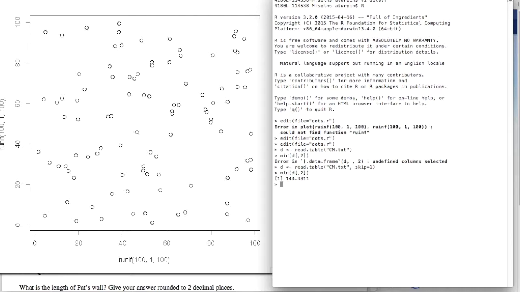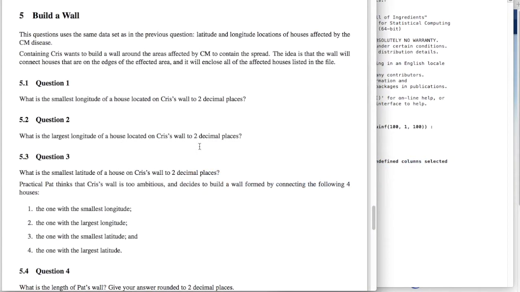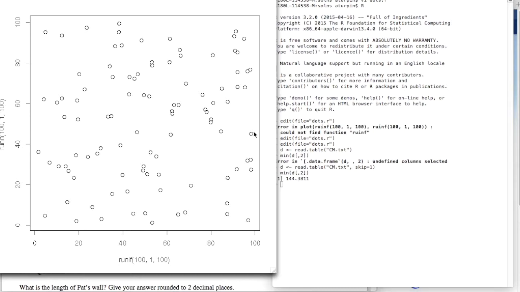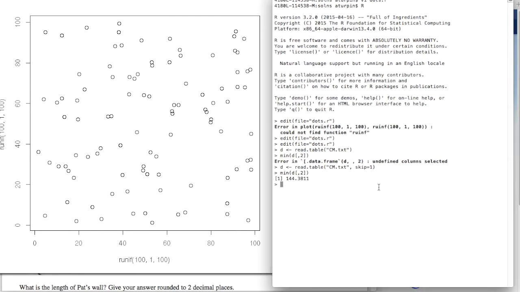So there's the smallest longitude, and the second question asks what's the largest longitude. By the same reasoning, the largest longitude has to be the rightmost point, because if the wall doesn't go through that point, then it's going to be outside the wall by definition. So we need the maximum. Again, Excel could have given you those. They have to be rounded to two decimal places.